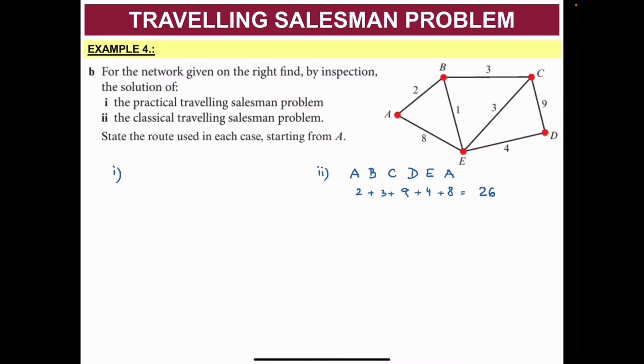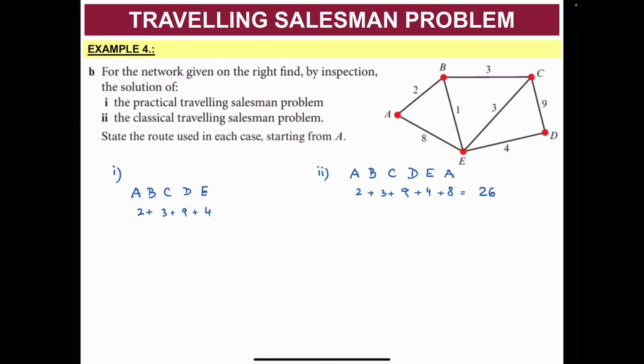I can go from A to B, that's 2. Then I continue to C, then it's 3. Then I go to D, that's 9. Then I go to E, that's 4.